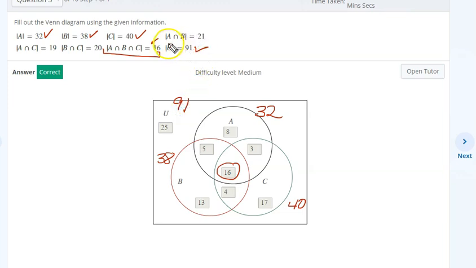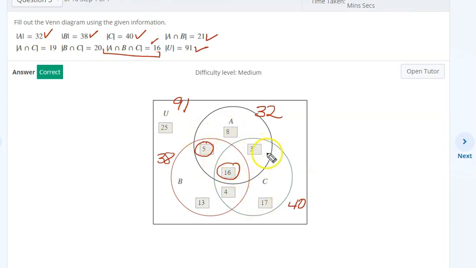Now, the intersection between A and B is 21. So A and B is 21. Well, we already have 16. 21 minus 16 is 5, so that will give us this number. A and C is 19, intersection.